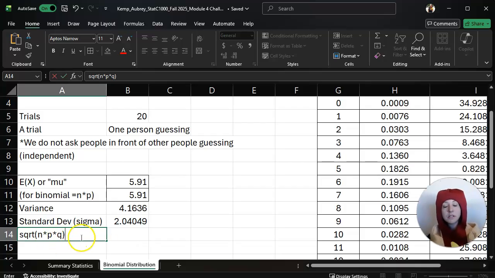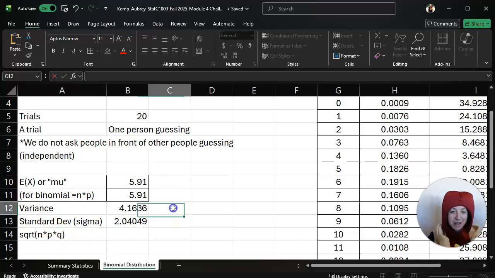So it's the square root of the number of trials times the probability of success times the probability of failure. As a reminder, that means the variance is n times p times q, because the variance is what we find before we take the square root. The standard deviation is the square root of variance.